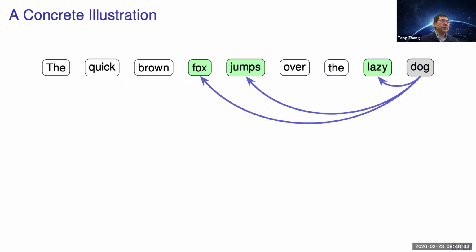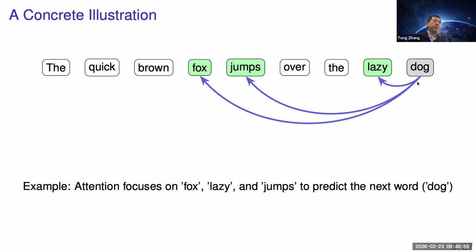Let's look at the example. This is just an illustration. You say, oh, I put more attention weights on these, which are probably more indicative for predicting this dot, right? You can give weights to every word, but these probably have the higher weights, compared to the others.